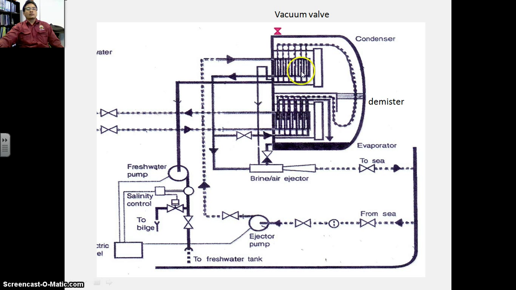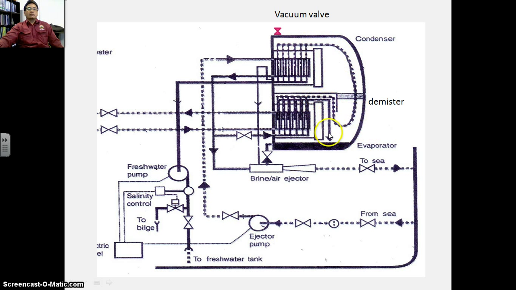After condensing, the evaporated vapor coming from the evaporator plates passes through the demister. The demister's function is to prevent brine from passing over to the condenser.